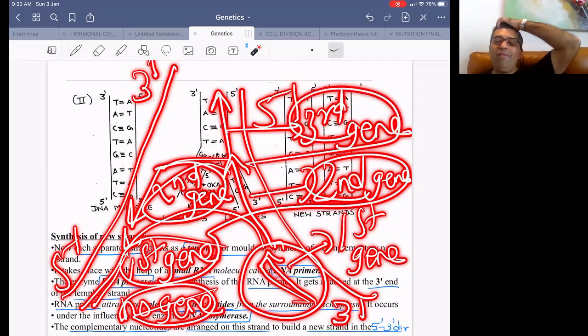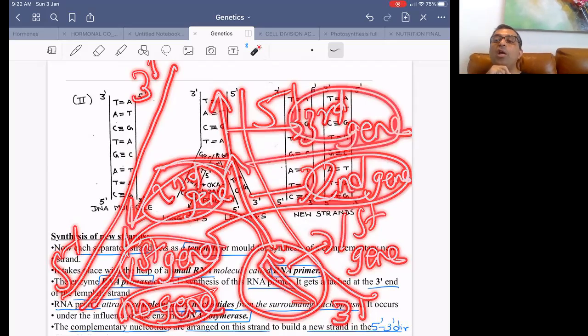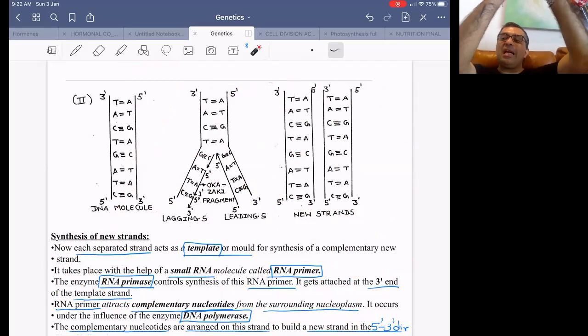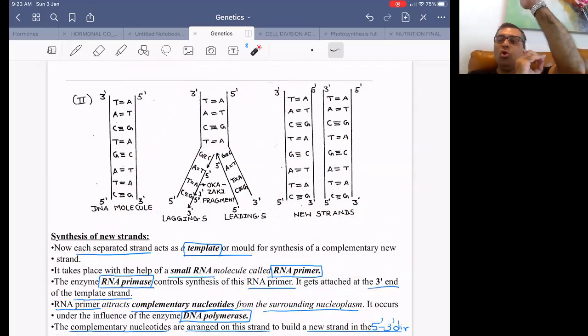So always in one strand, replication is earlier compared to the other strand. One gene, no gene. One gene, two gene. Two gene, three gene.